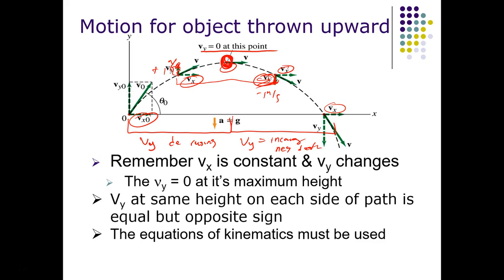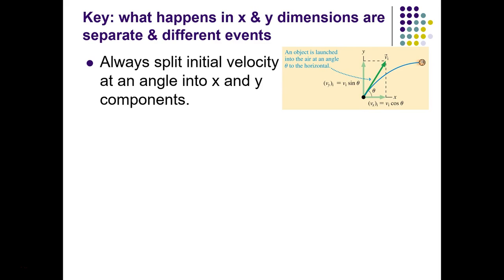And finally, I know you probably thought we were done, but we're not. The equations of kinematics can be used to solve for projectile motion. What we have to remember with projectile motion, this is really the only tricky part, is that we have to make sure we separate everything into the x direction and everything into the y direction and analyze those two components separately.